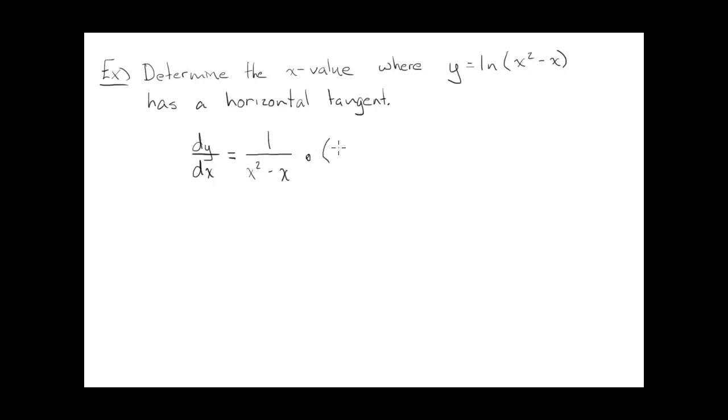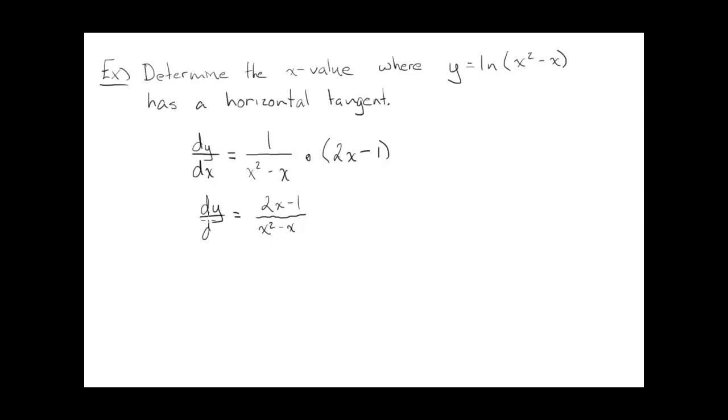So the derivative of x squared minus x is 2x minus 1. So this would be equal to 2x minus 1 over x squared minus x.